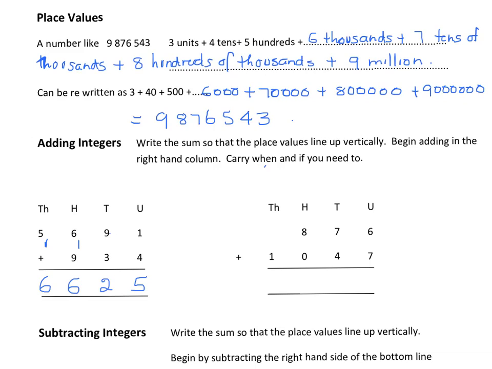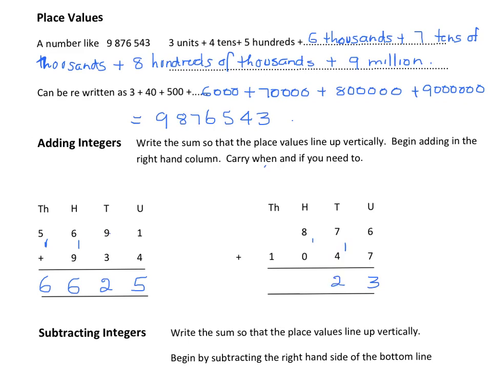Let's have a look at the next one. Beginning in the right-hand units column again. 6 plus 7 is 13. The 3 is a unit, but the 1 is a 10, so carry it into the tens column. Now add all the digits in the tens column. 4 plus 1 is 5, plus 7 is 12. The 2 is a 10.